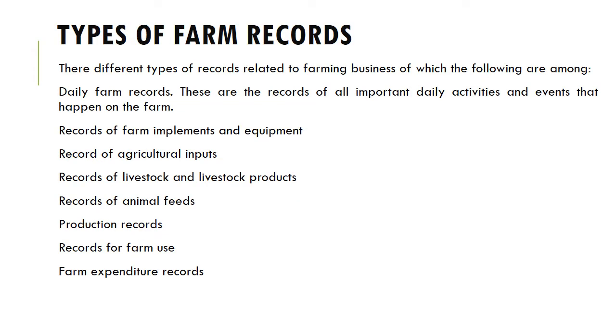The type of records that are needed. There are different types of records related to farm businesses, among which the following are required documents or records. Daily farm records: there are records on all important daily activities and events that happen on the farm.